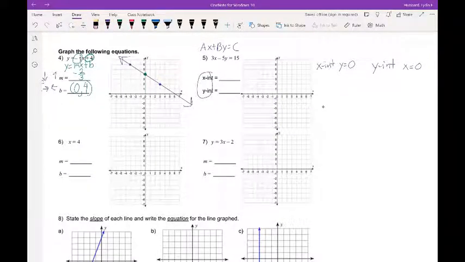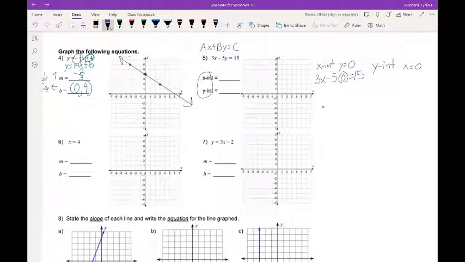So we're going to start by plugging in y equals 0 to this equation to find our x-intercept. So we'll do 3x minus 5 times 0 equals 15. Okay, so that 5 times 0 is going to disappear. So negative 5 times 0 would just become 0.